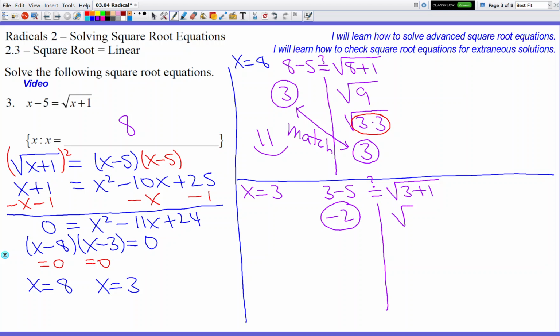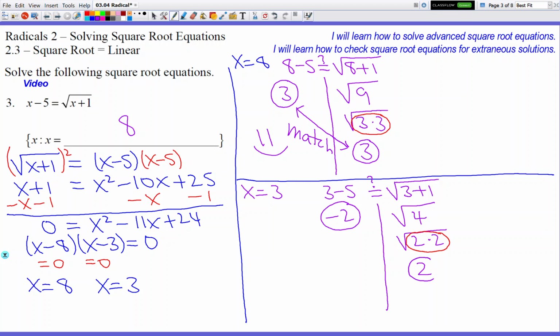Right side we get square root of 4, which is known as 2 times 2, which when I circle it, jumps out as regular plain old 2. Oops, wrong color. Sorry. Okay, purple. It comes out as 2.